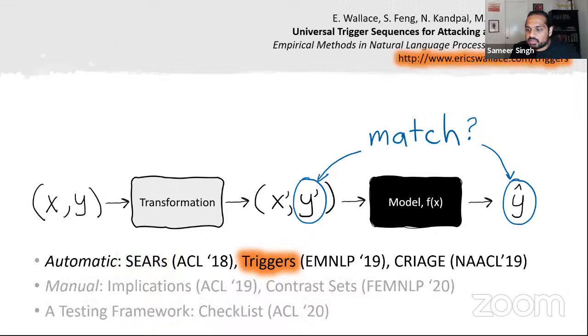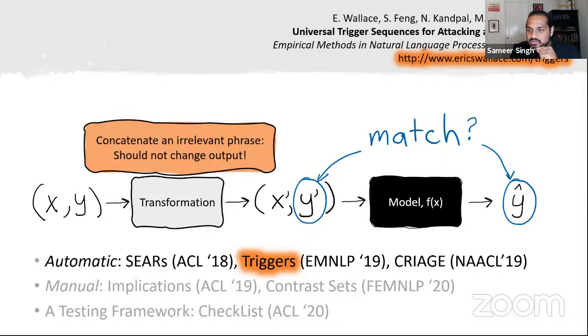This work was at EMNLP 2019 with Eric Wallace as the first author. The idea here is to find loopholes in the model, and a specific kind of loophole. In this case, what we were interested in was to concatenate an irrelevant phrase in a way that does not change the output.